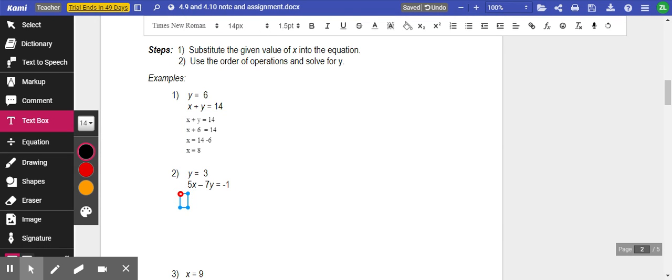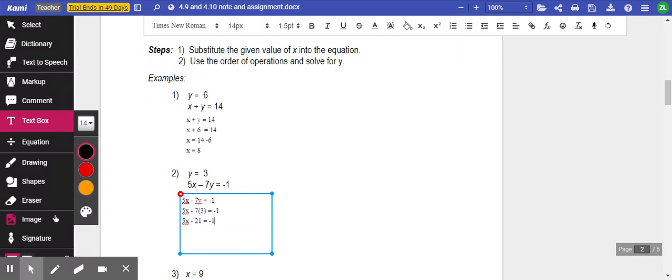A little bit more difficult on this one here. We know that y is equal to 3, and all we're going to do is sub it into the other equation to find x. So if we sub in y equals 3 into the y spot, it will be in brackets like so. If we continue on with this, we know that any numbers beside each other, or in brackets, is multiplication. So 7 times 3 being 21, equals negative 1.